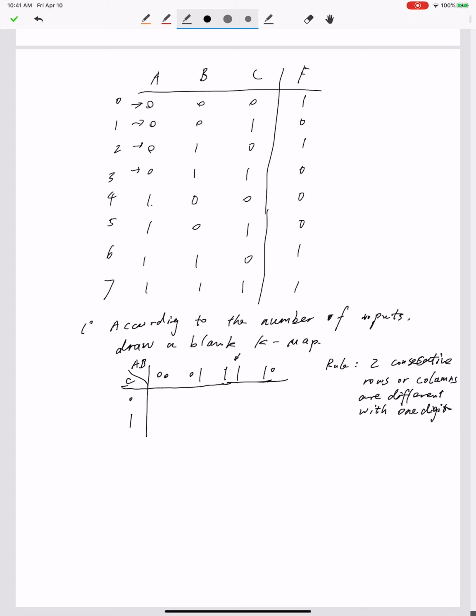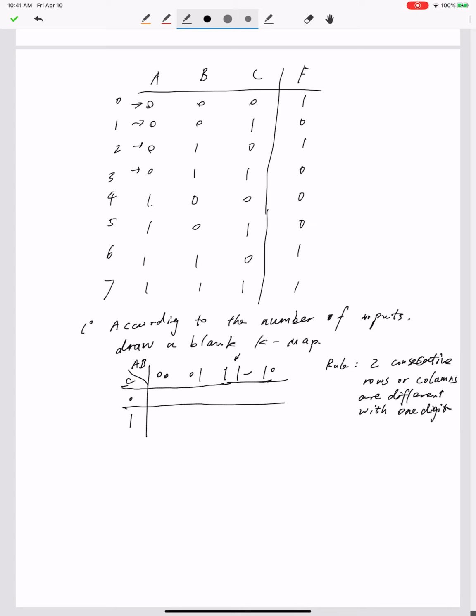Alright. So the reason why we put 1 1 here is exactly that we need to follow this rule. Because if you compare 0 1 and 1 1, there's only one digit different, which is the first digit. And if you compare 1 1 and 1 0, there's also one digit different, which is the second digit. So all rows and columns differ by a single digit. That's an important rule for the kernel map.